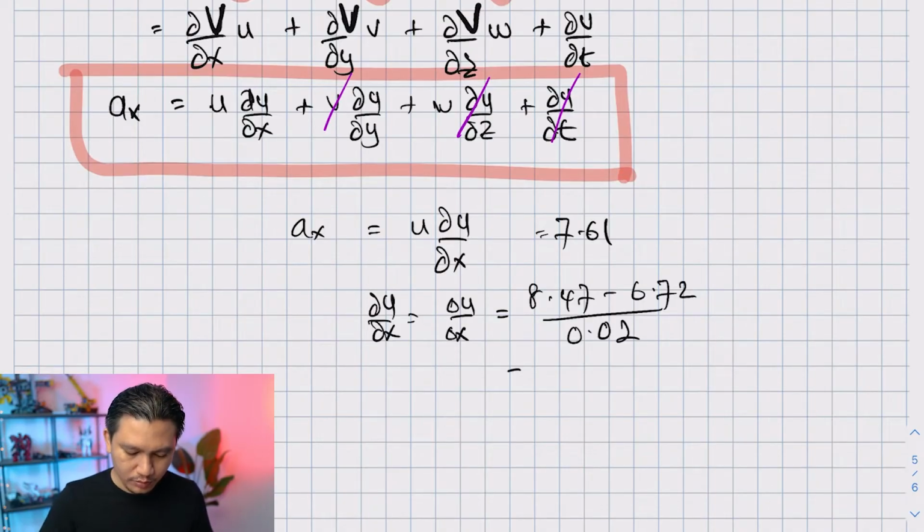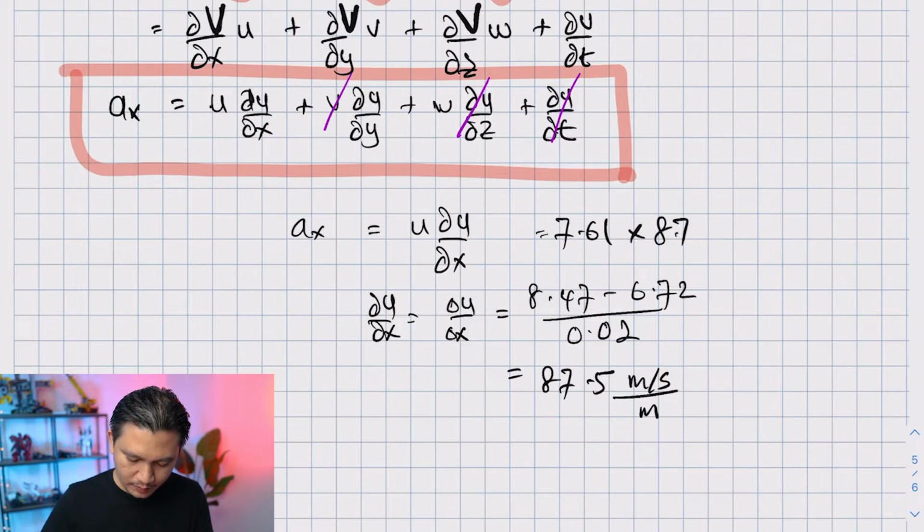And this is equal to 8.47 minus 6.72 divided by 0.02. This is 87.5 meters per second per meter, meaning that our acceleration is 7.61 times 87.5, which is equal to 665.9 meters per second squared.